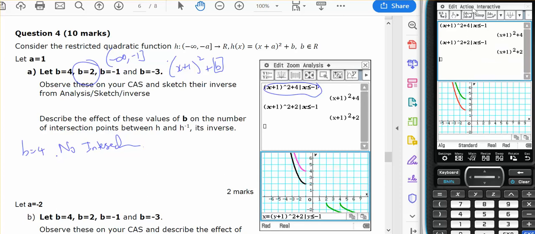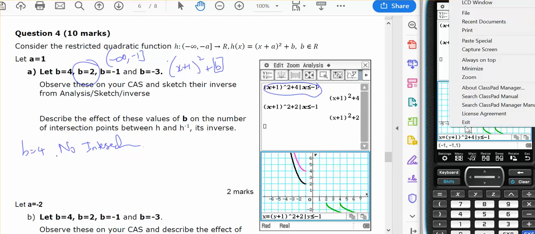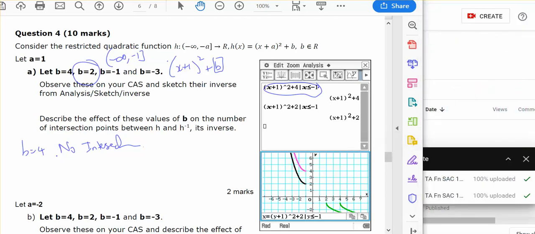So if I now wish to do analysis, sketch, inverse of the red one, XE draws it, analysis, sketch, inverse, not of the red one, but of the green one. There it is. So as b changes and comes down, this is coming across. I think we're going to touch at that point there when b equals -1. Whoa, where'd my graph go?